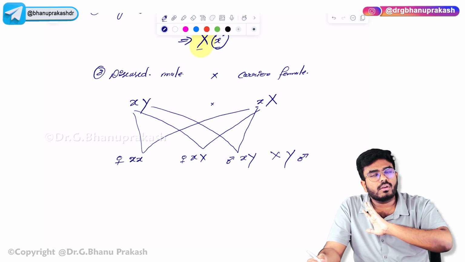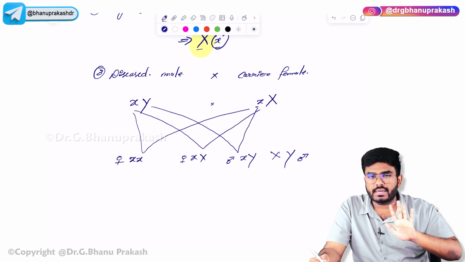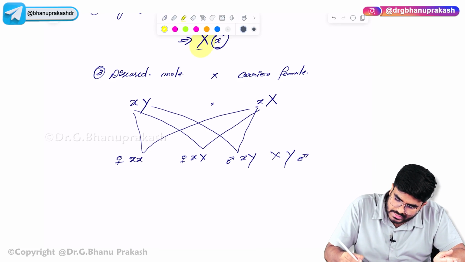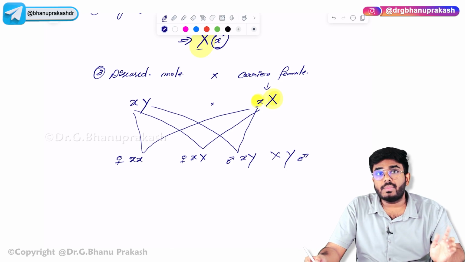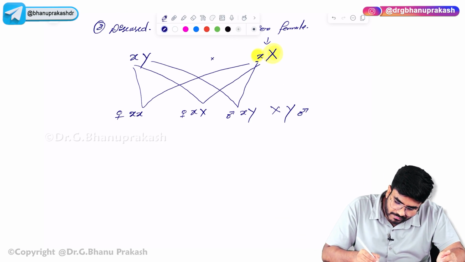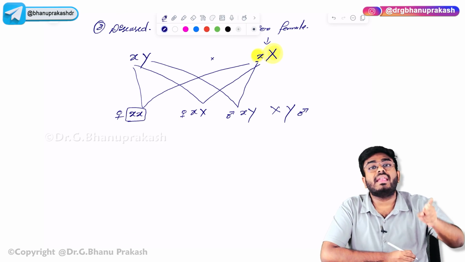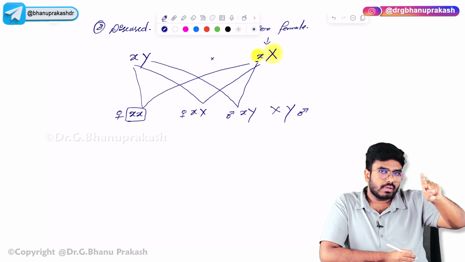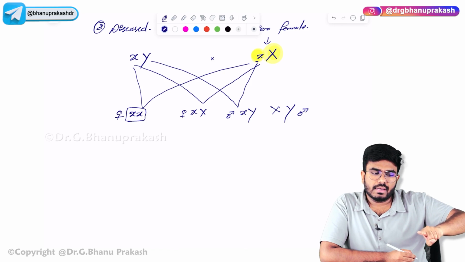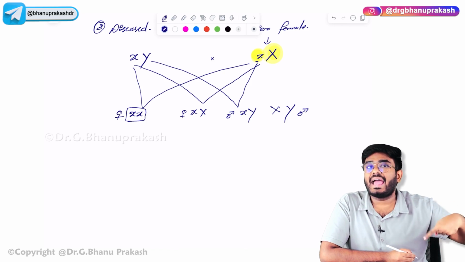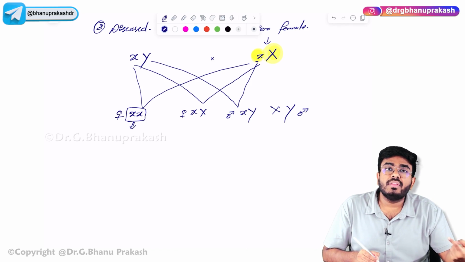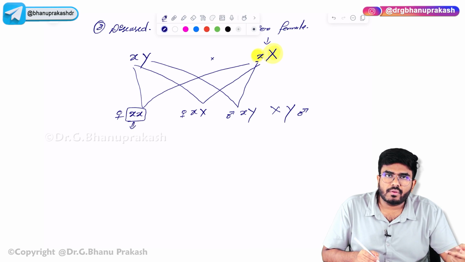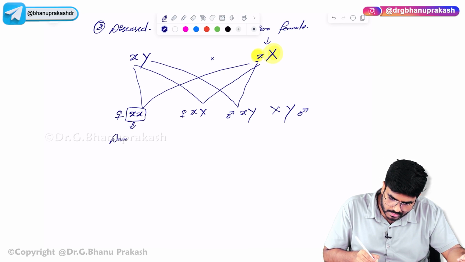This is definitely an X-linked recessive disorder, that's why I am showing small x and capital X. This is a carrier female. But look, who is affected in the offspring? Females are getting affected. So when a diseased male mates with a carrier female, there is a probability that they can have a daughter with the disease.